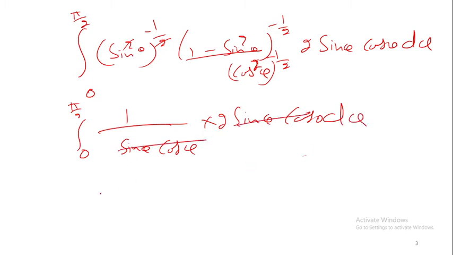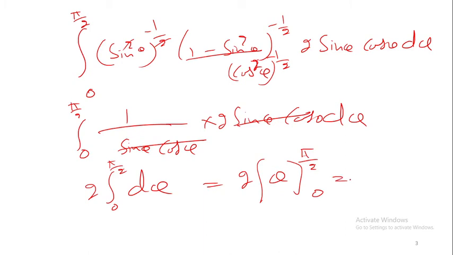So we get 2 times the integral from 0 to pi upon 2 of d theta, which is 2 times theta from 0 to pi upon 2, so we get pi. The answer of that is pi.